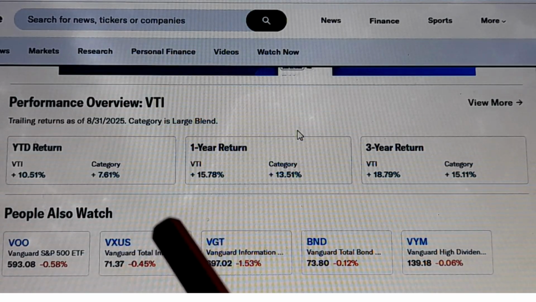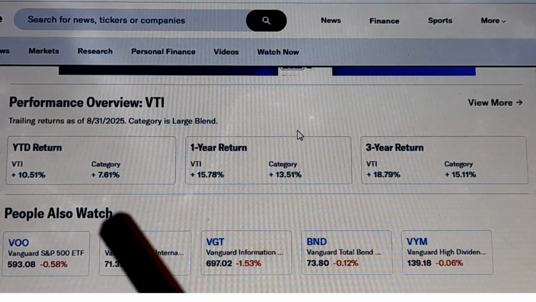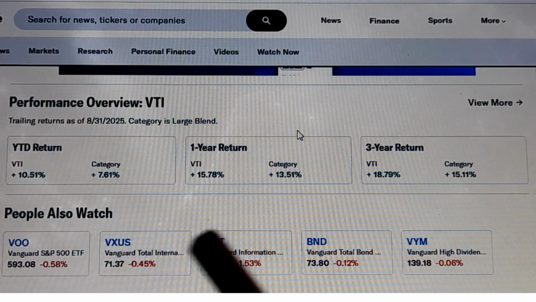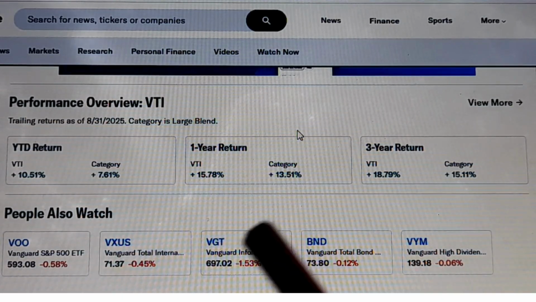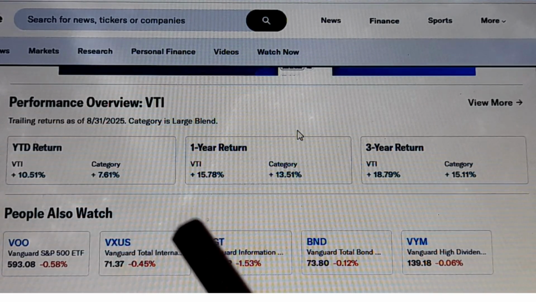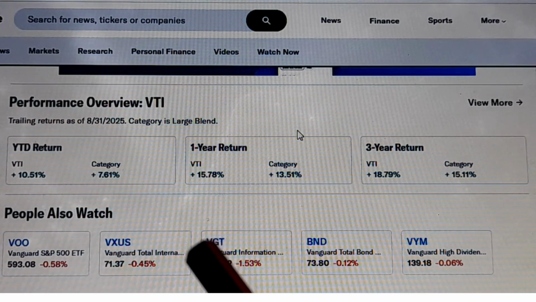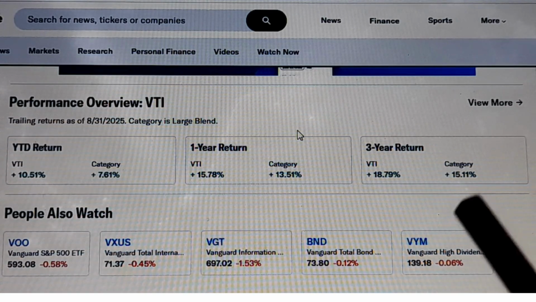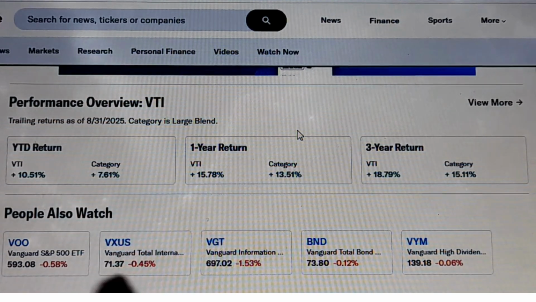Which means for all this, VTI has shown consistently good performance compared to other funds in the same category. So this can help you make a decision of whether to invest or not, if you want to compare it to other funds in the same category.